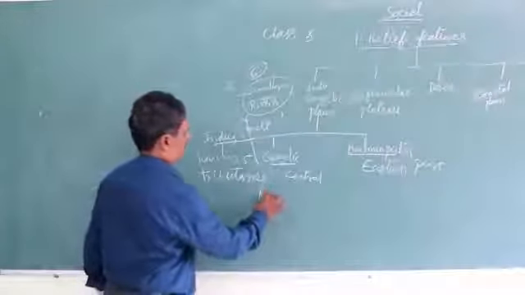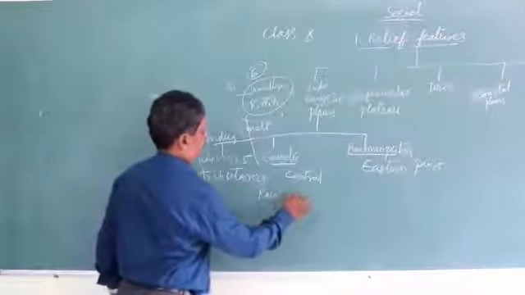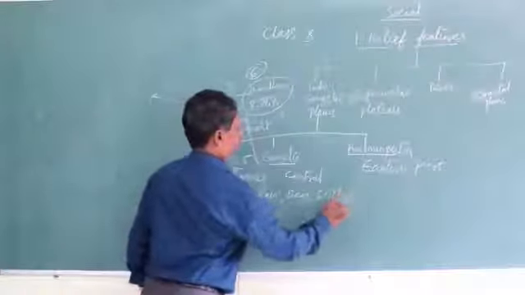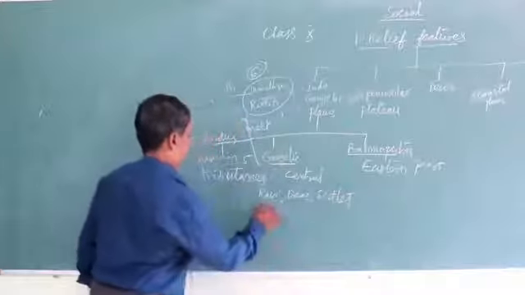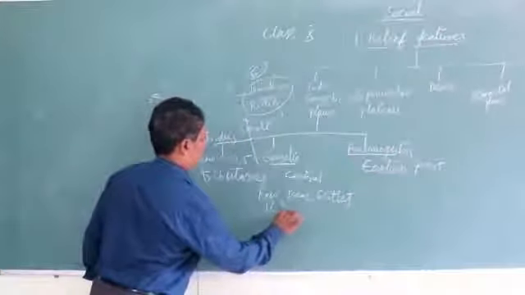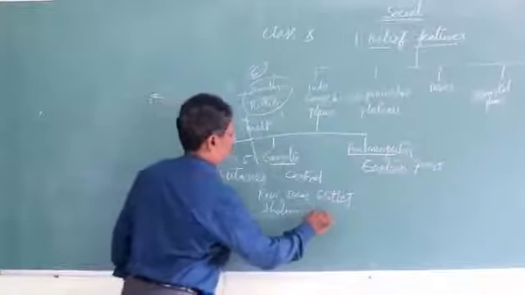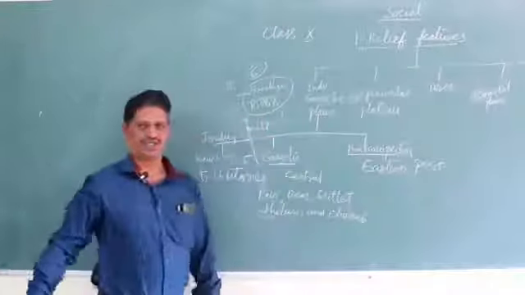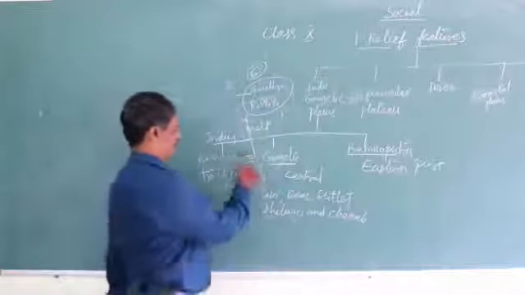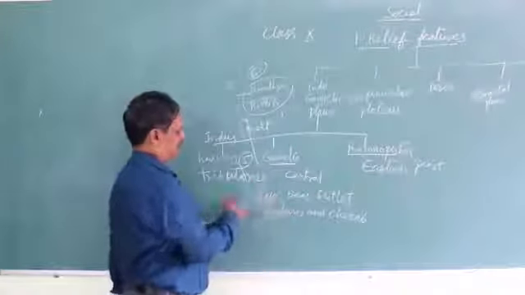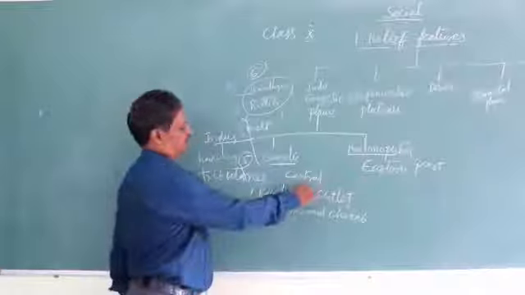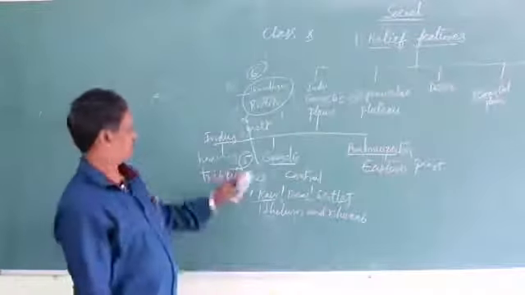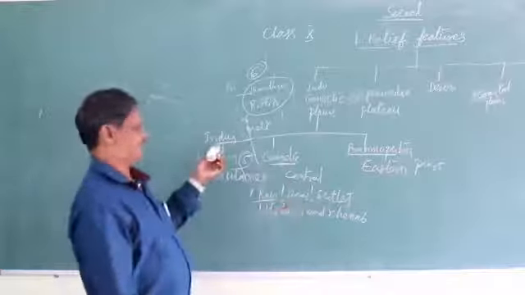Ravi, Beas, Sutlej, Jhelum, and Chenab. 5 rivers, 5 tributaries. One is Ravi, Beas, Sutlej, Jhelum, Chenab. Okay, this is the course of Indus river.